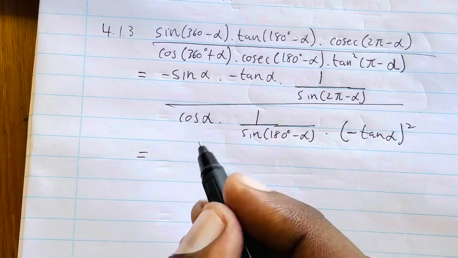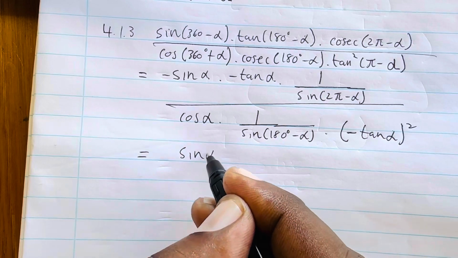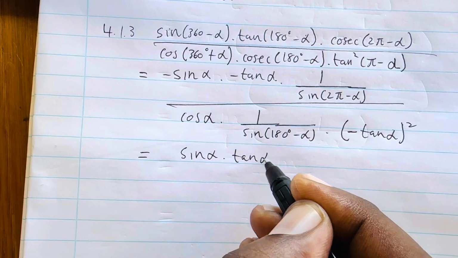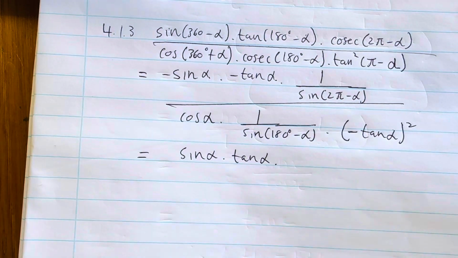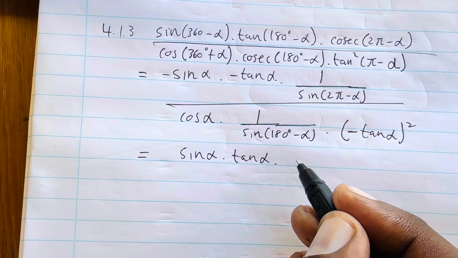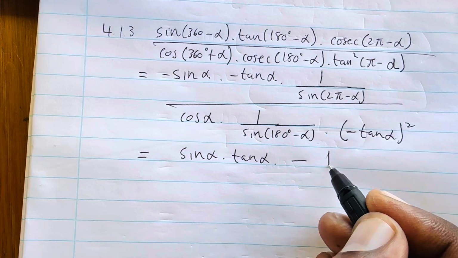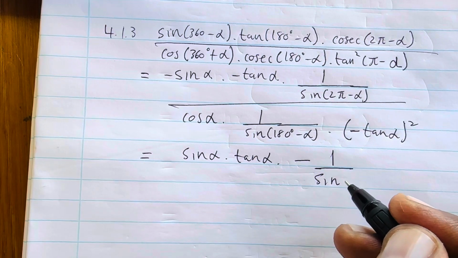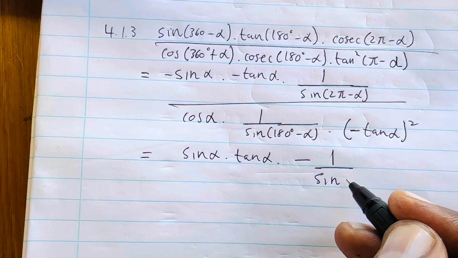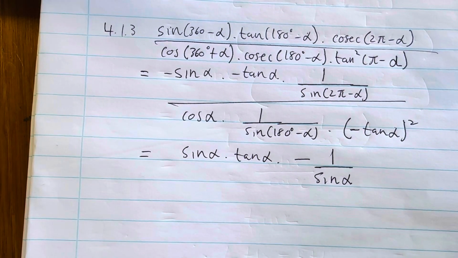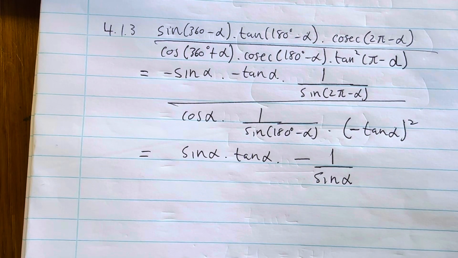Negative multiplied by negative will be positive: sine of alpha multiplied by tan of alpha multiplied by sine of 360 minus, which will be minus 1 divided by sine of alpha.